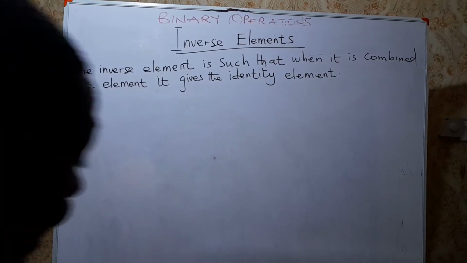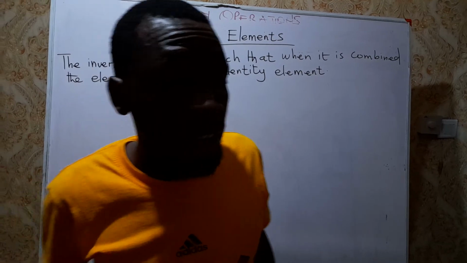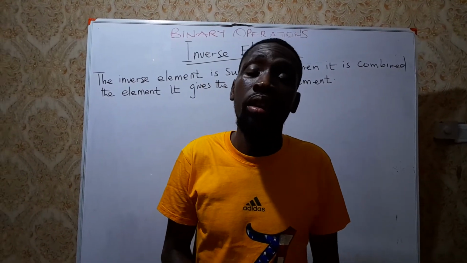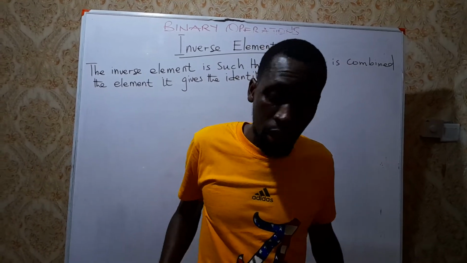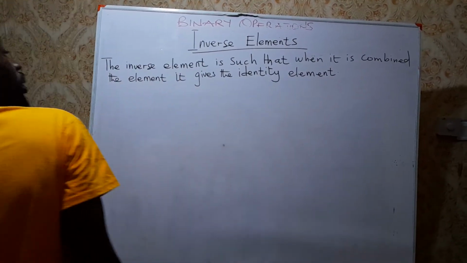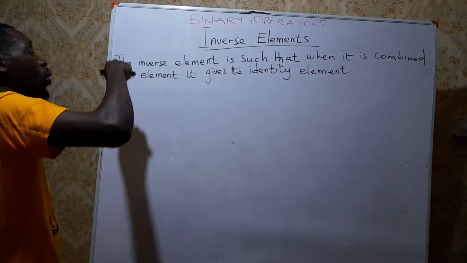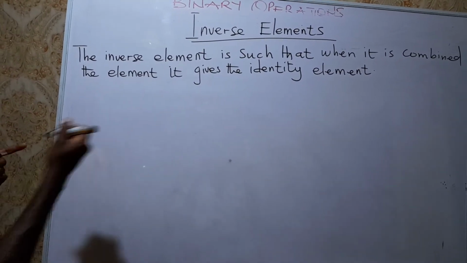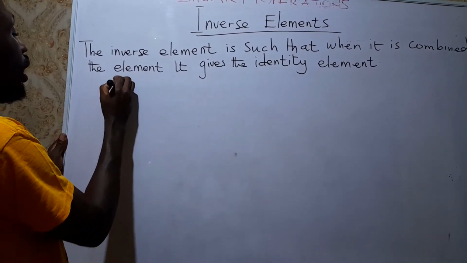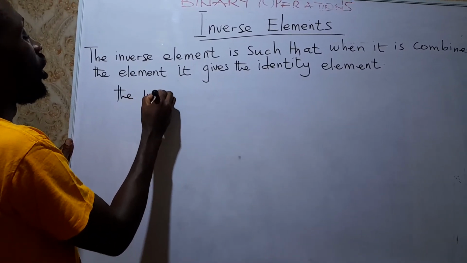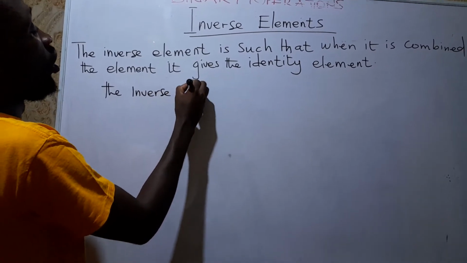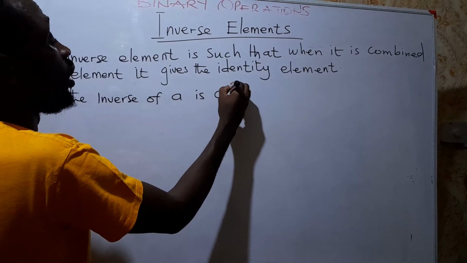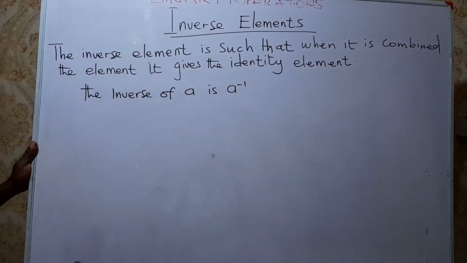Please remember I said that the identity element is such that when it is combined with any element, it gives that element. Now, what is an inverse element? The inverse element is such that when it is combined with the element, it gives the identity element. So the inverse of A is written as A exponent negative 1.